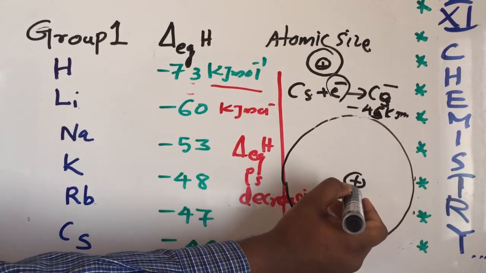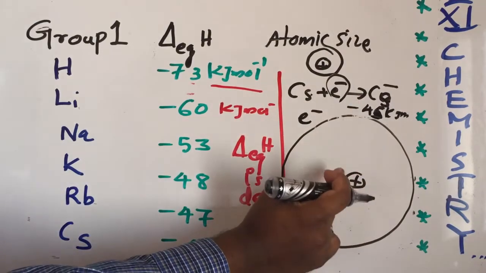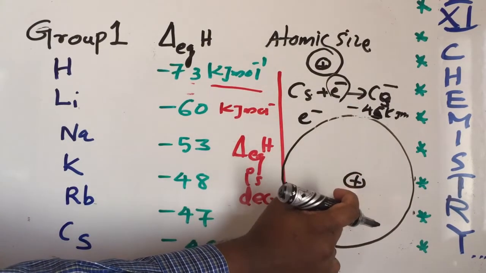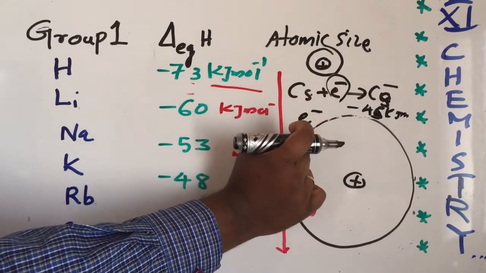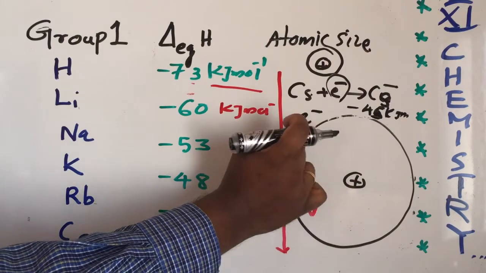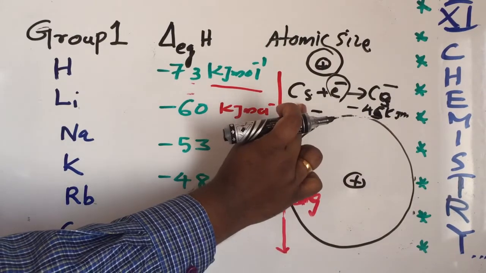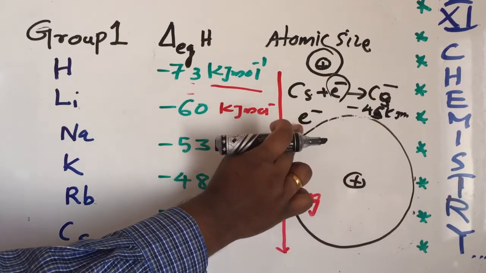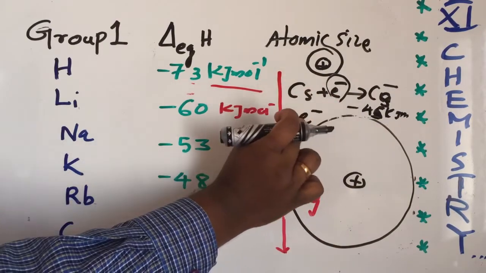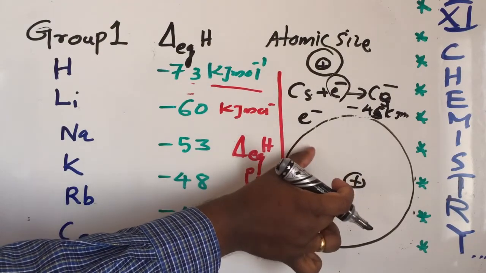Due to the high atomic size of cesium, the added electron becomes far from the nucleus, so the attraction becomes less. Clear? The incoming electron is far from the nucleus, so the force of attraction is less.